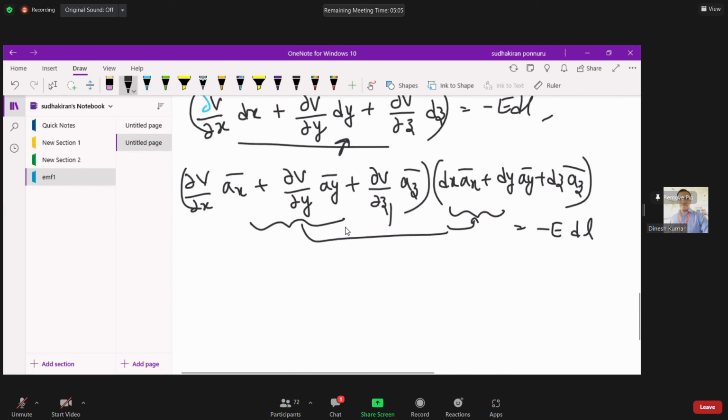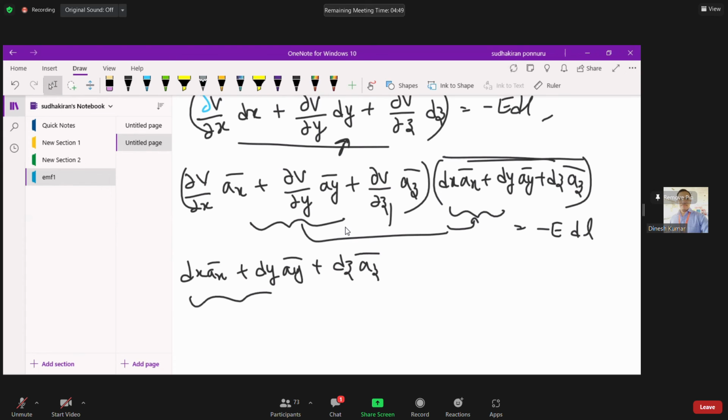See here, we know this term. This is nothing but dx ax bar plus dy ay bar plus dz az bar. This term we have already seen in the differential rectangular coordinate system, and this entire value gives dL.